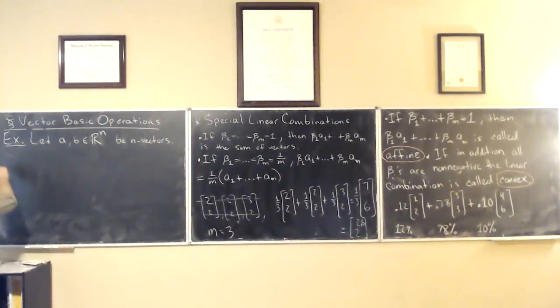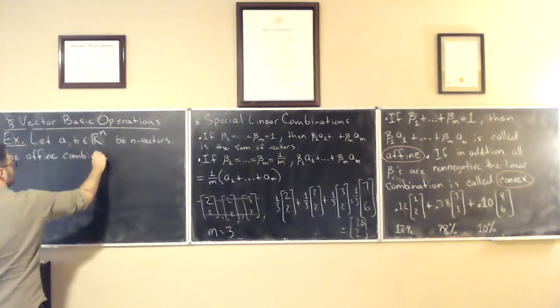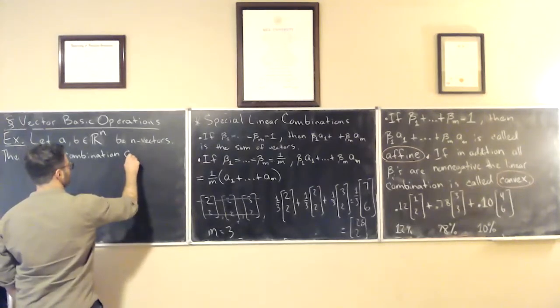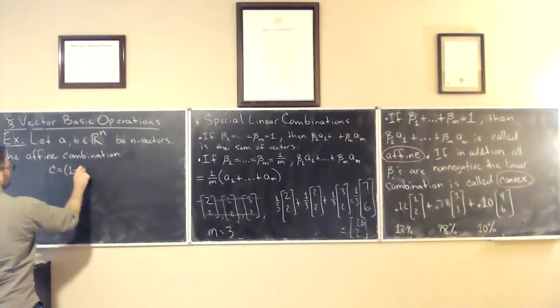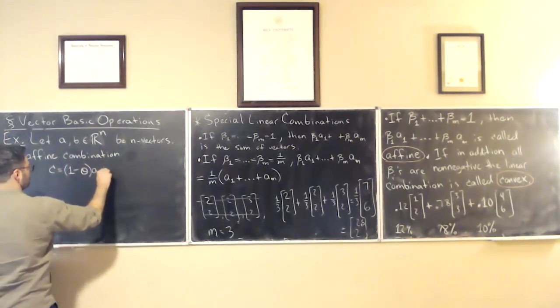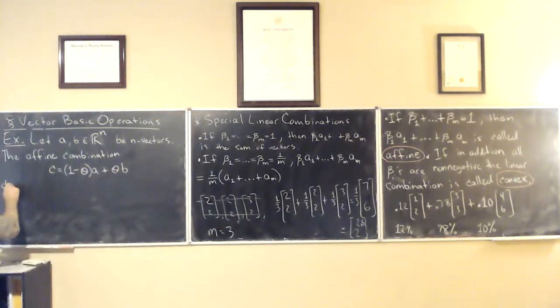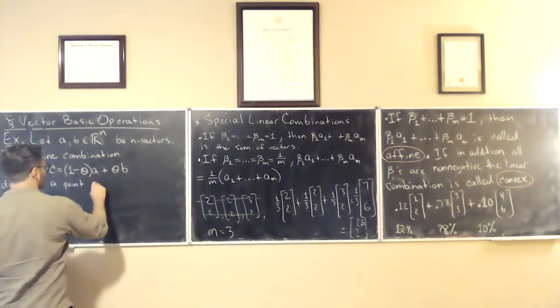Under this assumption, the affine combination C equals (1 minus theta) times A plus theta times B describes a point on the line passing through A and B.